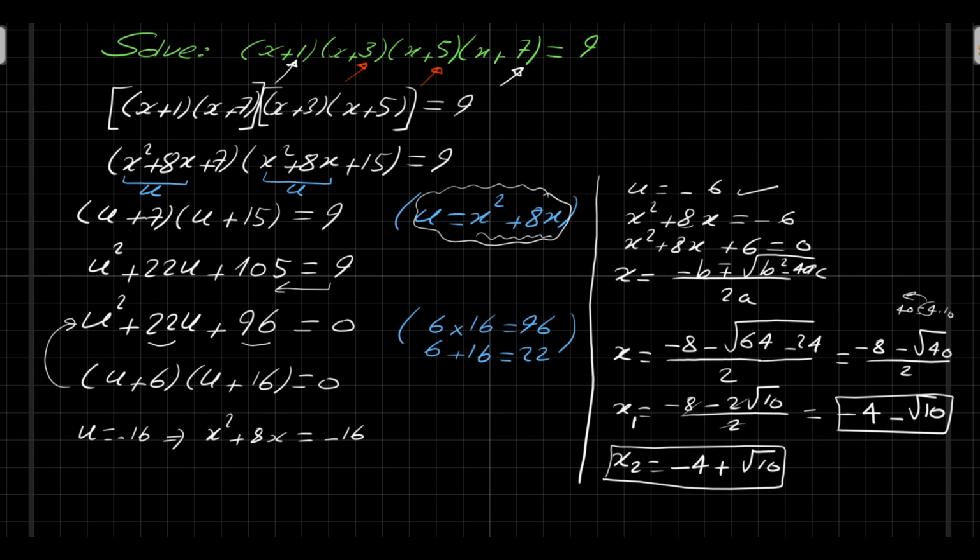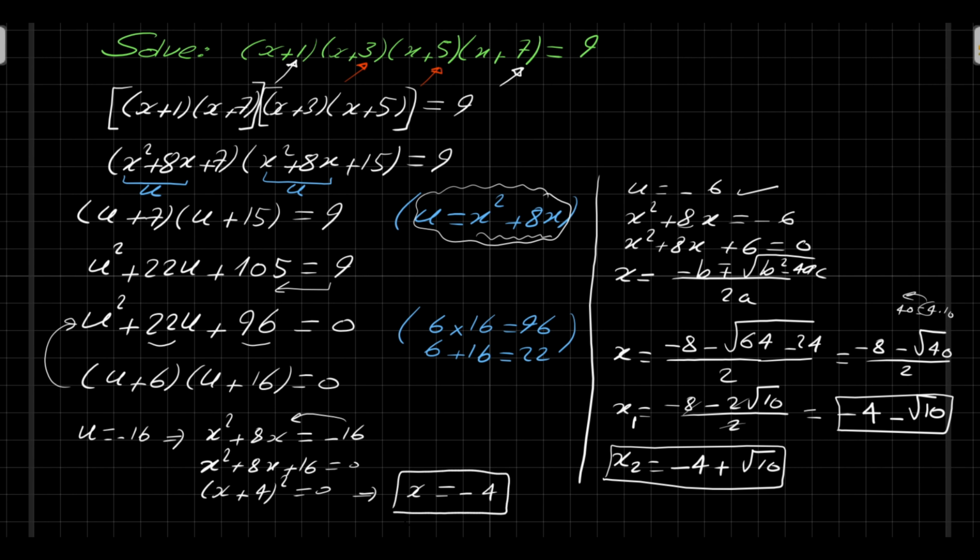Then let's move negative 16 to the other side and change its sign. So x squared plus 8x plus 16 equals 0, which is (x+4) squared equals 0, and this implies x equal minus 4.